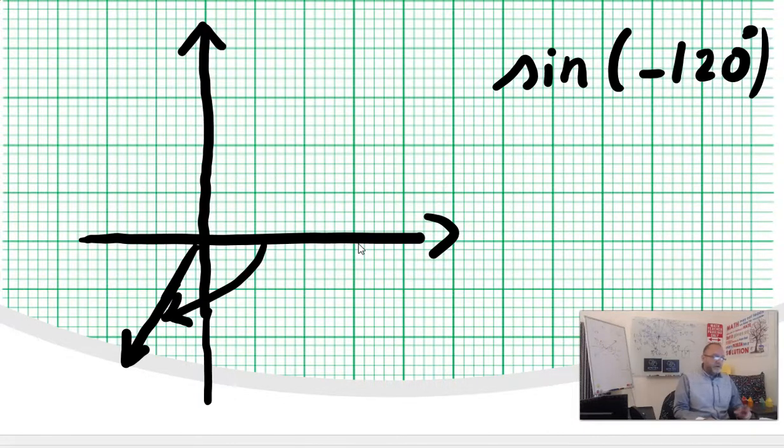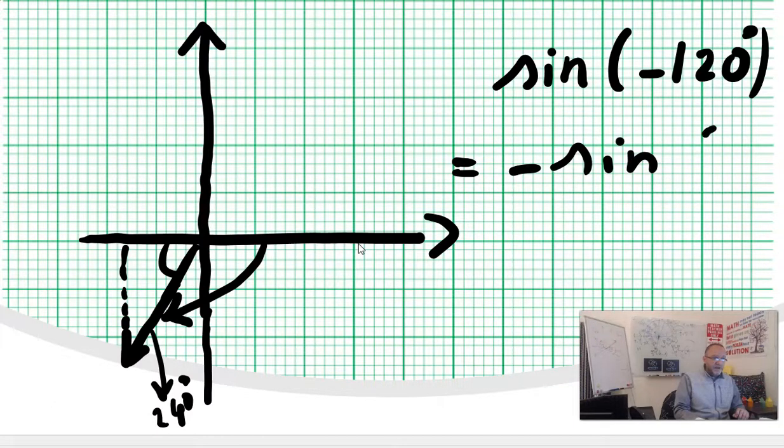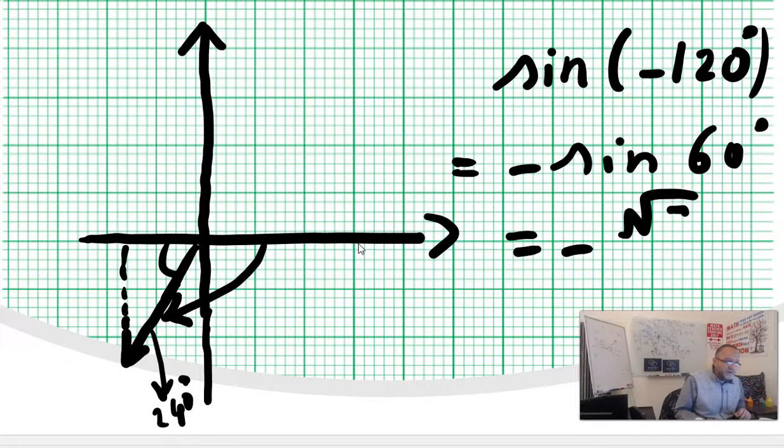I say, okay, measure it from the tip of the angle. What's left here? 60. Because if you go 120, you are at 240. So this is 60, but it's negative because the sine is negative here. The vertical component is in the negative area. So it equals minus sine of 60 degrees, which is minus square root of 3 divided by 2.